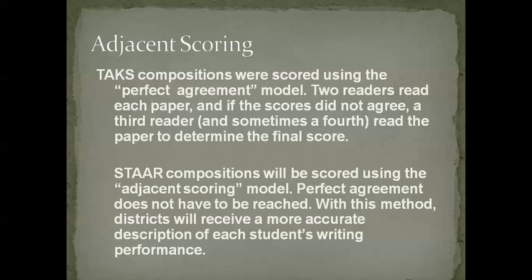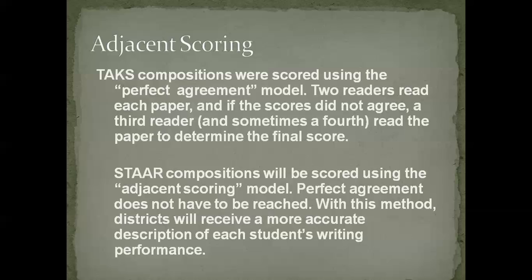We talked about this previously in the training. It's not a problem even if they're 1 point off, because the scores will be combined. So if scorer A gives them a 3 and scorer B gives them a 2, the child will receive a 5, and that's called an in-between, because it's in between basic and satisfactory.